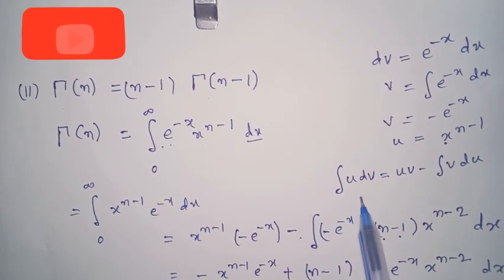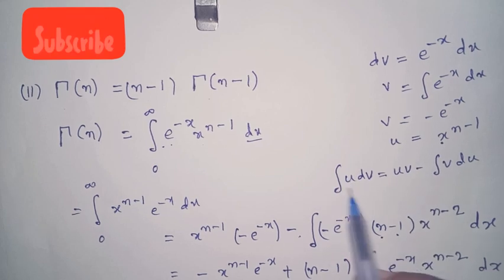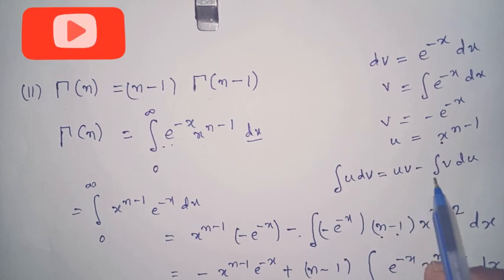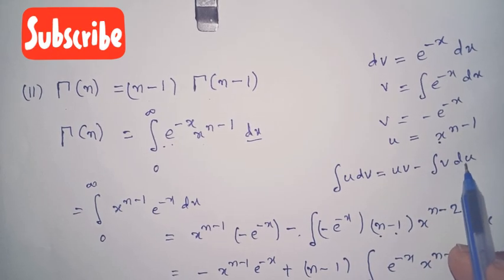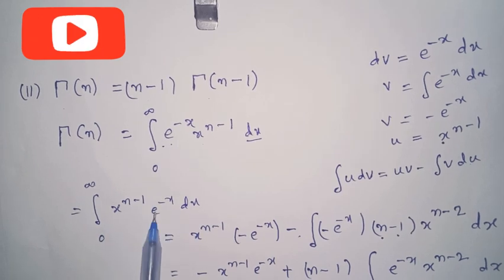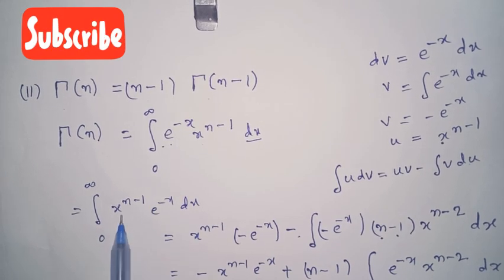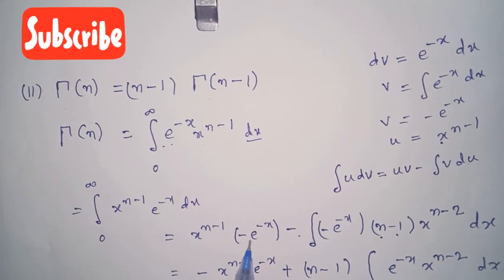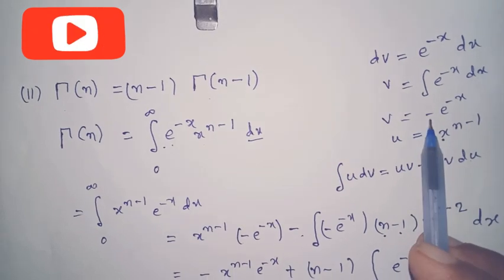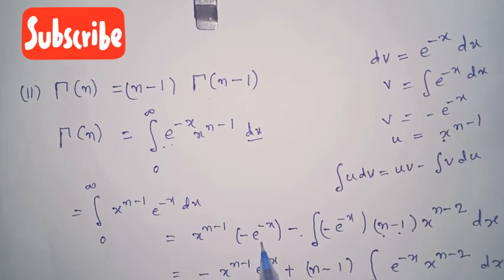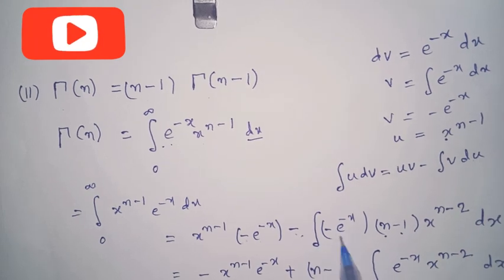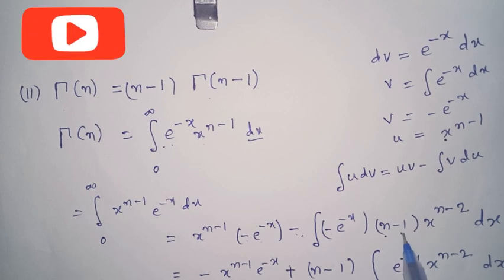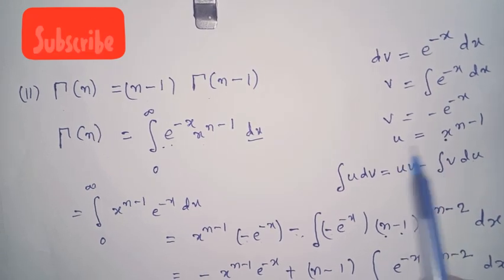What is the integration by parts formula? This is the integration by parts formula: integral u dv is equal to uv minus integral v du. Therefore, the given integral is equal to u, x power of n minus 1, times v, minus of e power of minus x, minus integral of minus e power of minus x times du. Now the derivative of u is equal to x power of n minus 1.